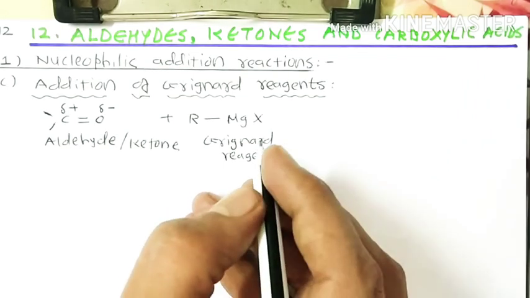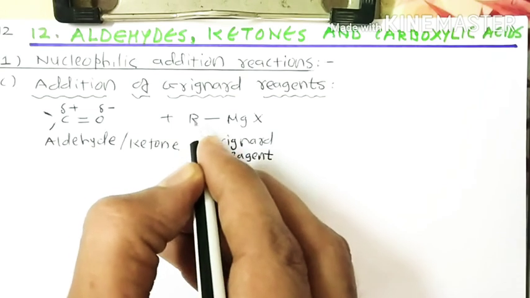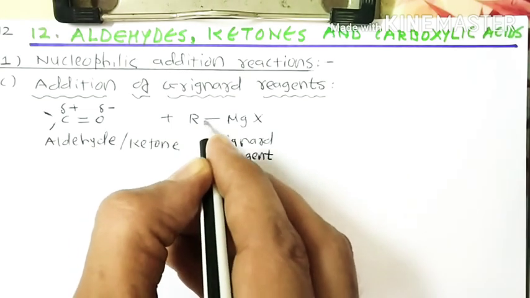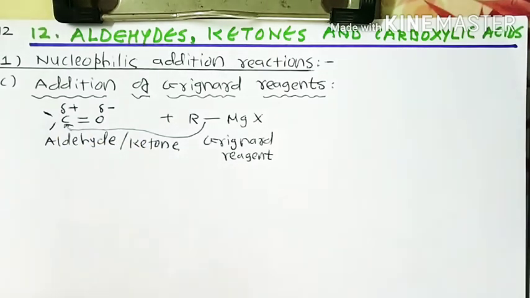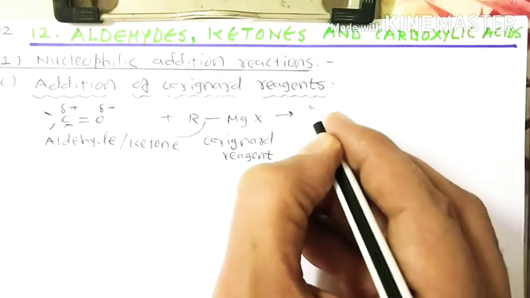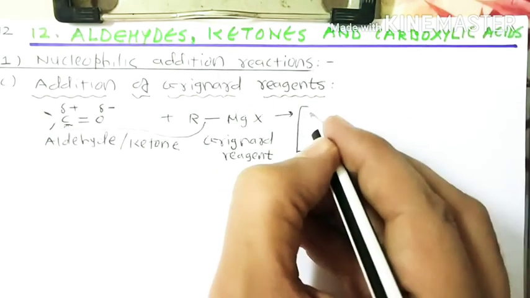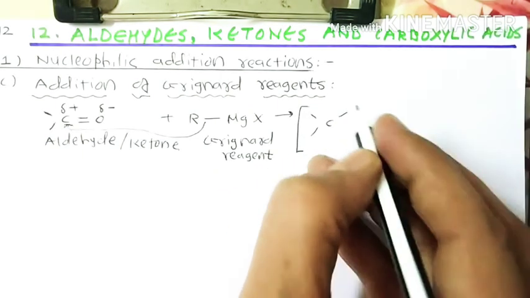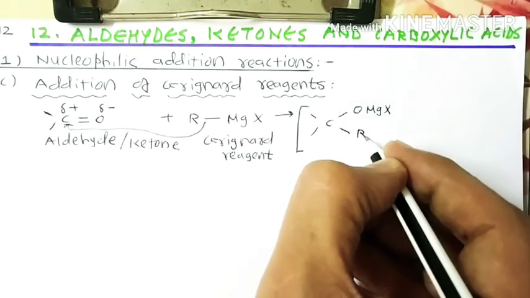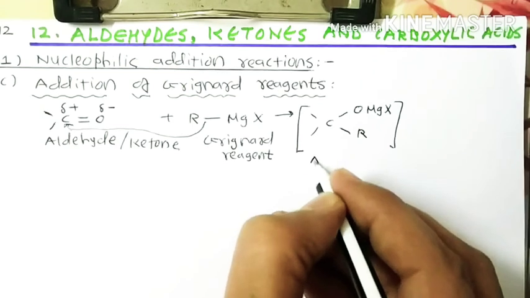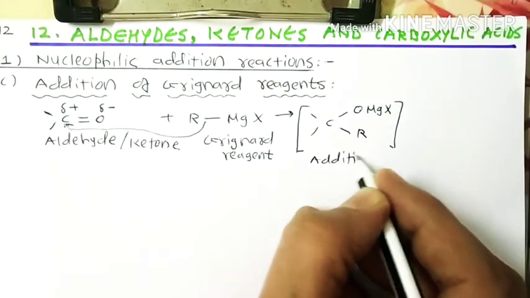We know that the R in the Grignard reagent is a very good carbanion, and this carbanion is attracted towards the partially positive carbon, and they first produce an addition product, illustrated like this: OMgX and R. This is the addition product.